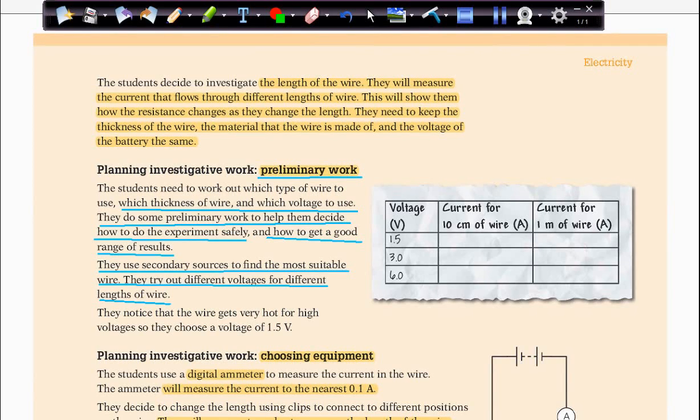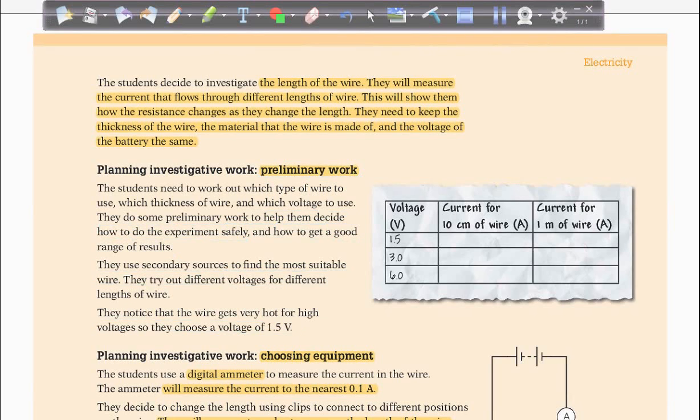And they notice that the wire gets very hot for high voltages, so they chose a voltage of 1 volt.